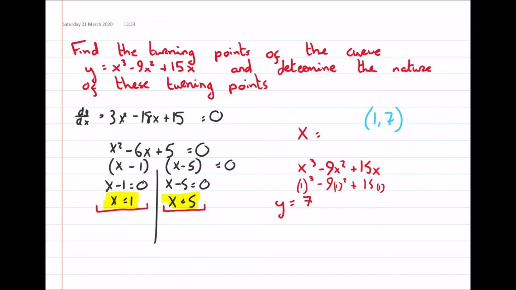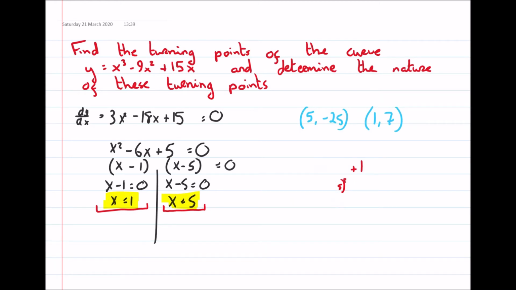I'll redo that, but this time I'll put in 5 for x. And that will spit me out minus 25. So my other point then is (5, minus 25).